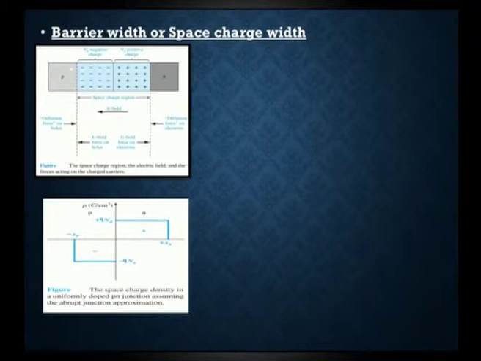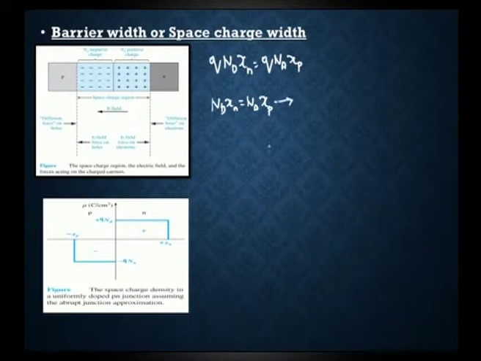Now we start with the very first thing: under equilibrium we know that q Nd Xn, where Xn is the depletion region distance in the N region, is equal to q Na Xp, which can be rewritten as Nd Xn is equal to Na Xp.